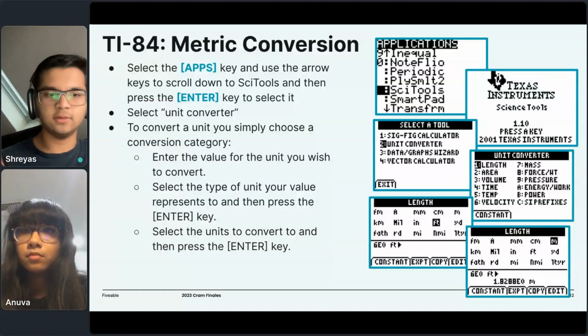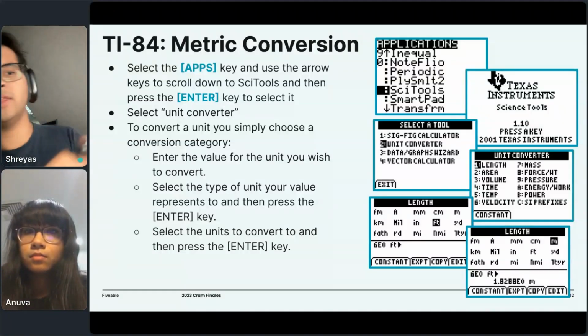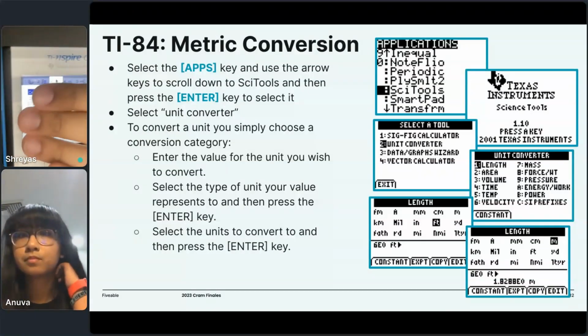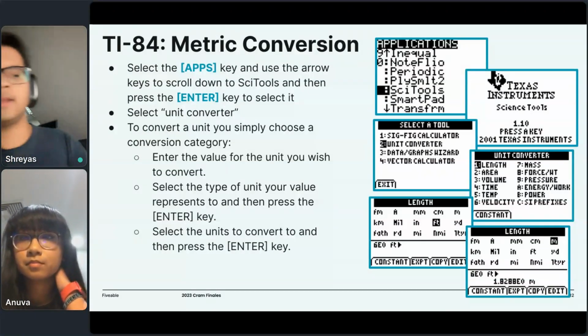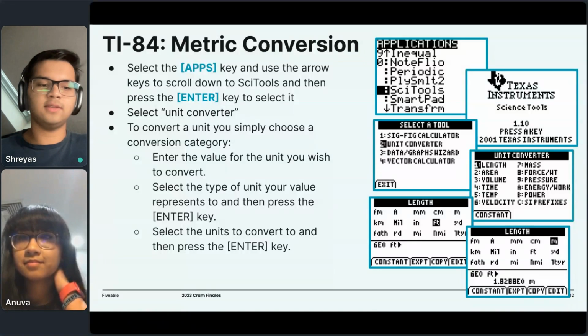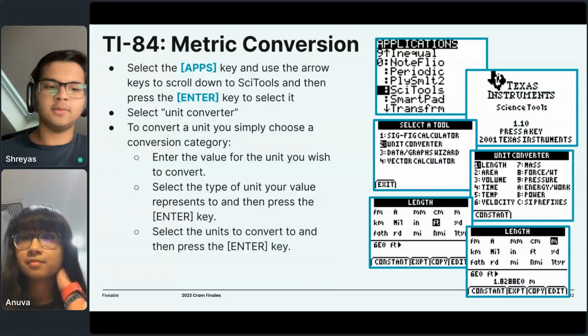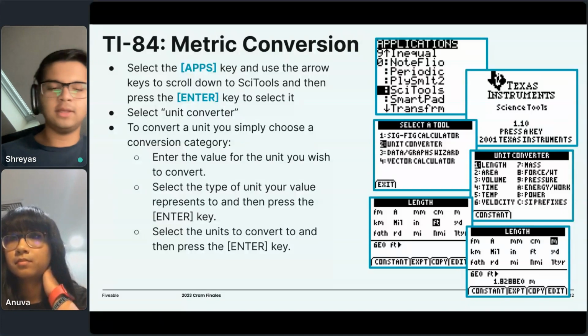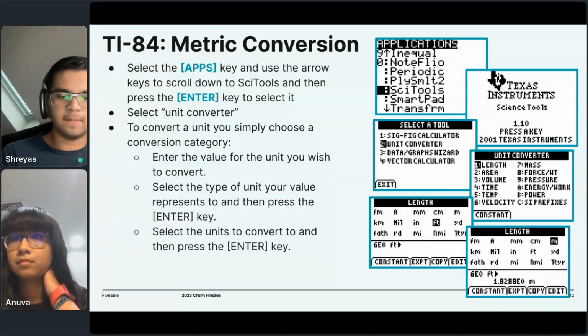On the top of the screen there should be a 3 which has a Fahrenheit slash Celsius symbol. It should be page 3, and if you click on page 3 you should see the first thing saying conversion assistant.